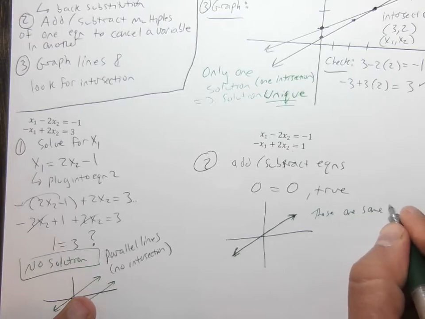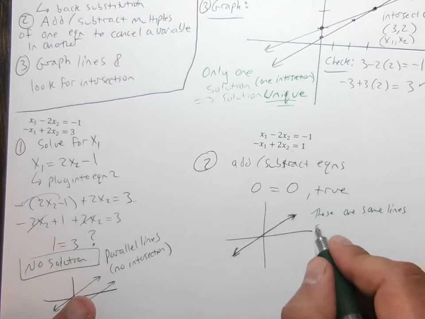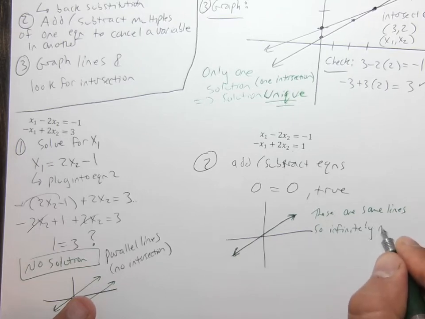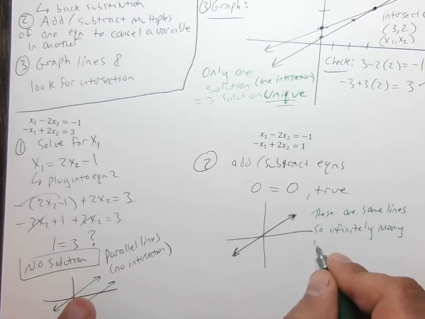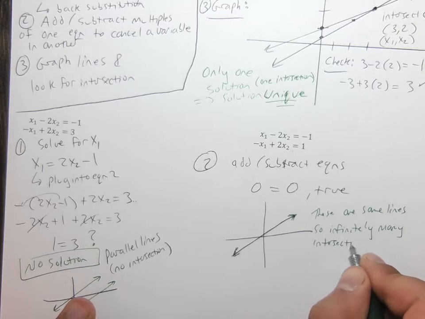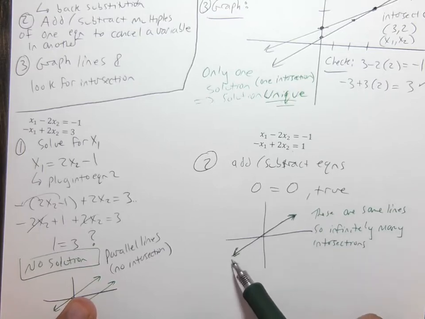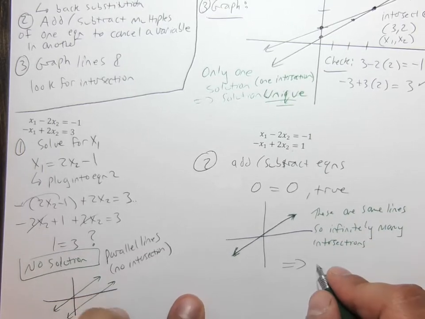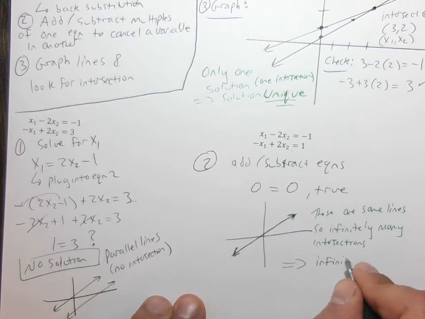And so we have infinitely many intersection points. In other words, every point that's on one line is also on the other line. And so that means that this particular case will have infinitely many solutions.